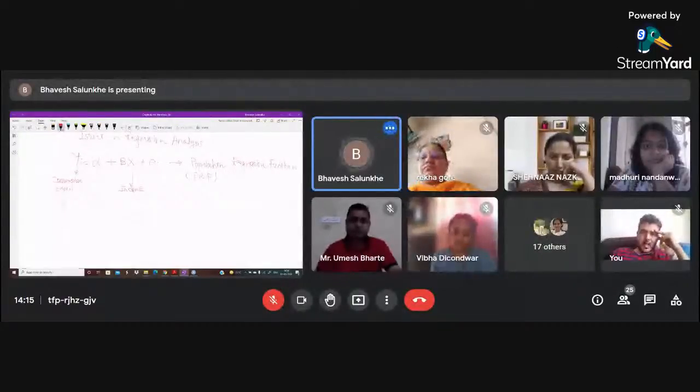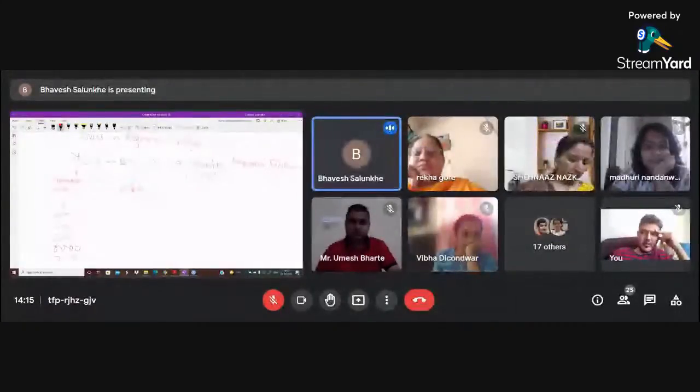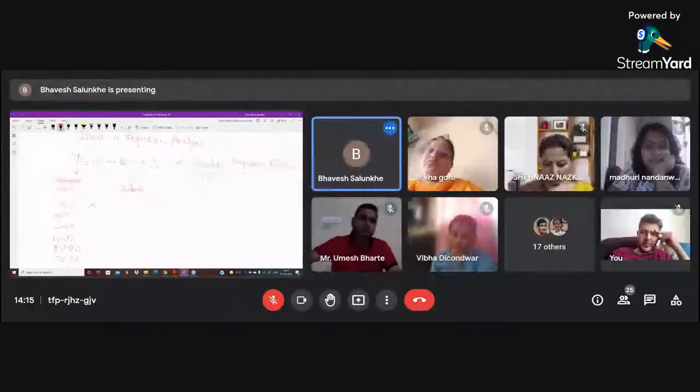We have data on consumption expenditure in terms of rupees, say 1,000, 2,000, 3,000, 8,000, then 7,000, and so on. We have data on X, that is, this is all in rupees. This is also in rupees.